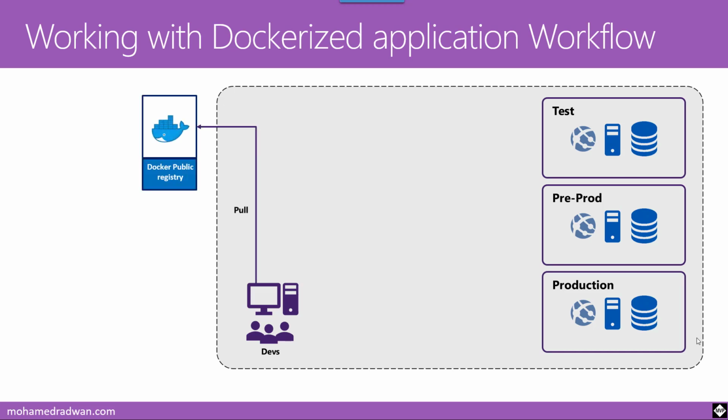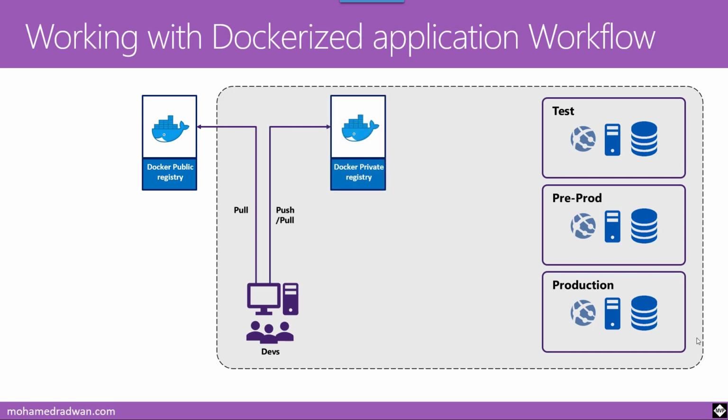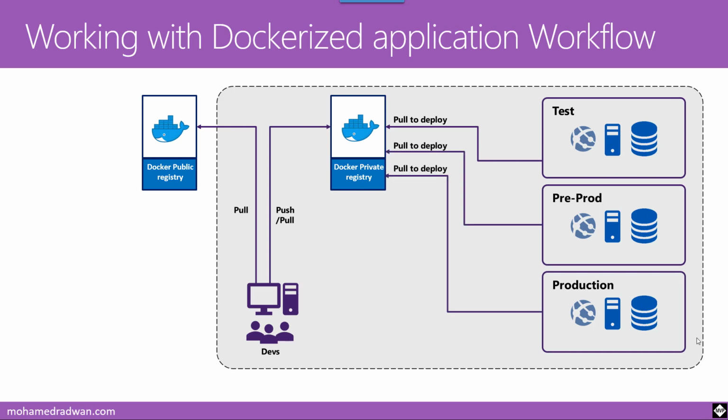The developer will pull an image from a public registry, let's say a Node.js image or an ASP.NET Core image. Once they pull the image on their machine, they start developing and load the application on this image. Now they can push this image to a private Docker registry, and from this private Docker registry, they can deploy it to the testing environment, pre-production, or production.